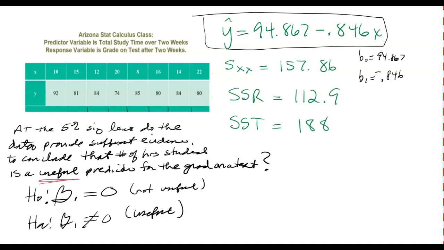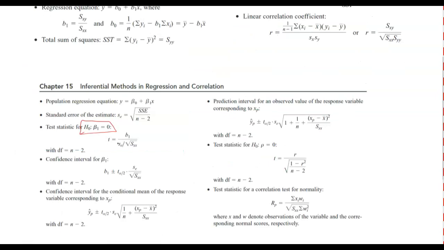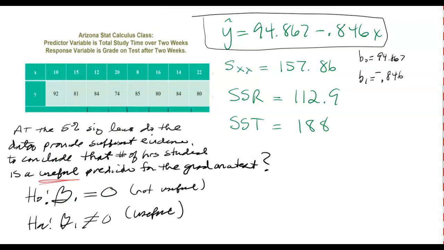Now, go back to your formula, and let's get our test statistic. We're going to go back to our t-table, to t-test statistics. Here's your formula. Notice it's b sub 1, because when we're calculating the test statistic, we have to use the slope we know, which is the slope for our sample. So let's write this out. Step 1, of course, is setting up your hypothesis.